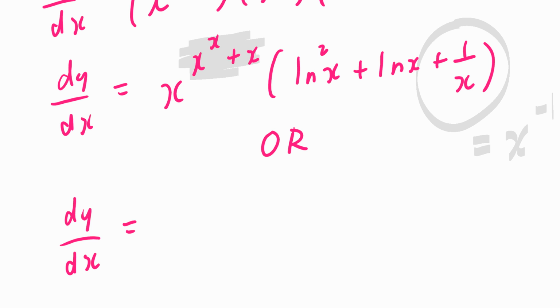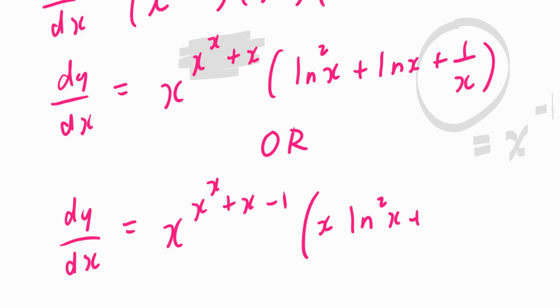So you can take out this x to the power of negative 1, which means dy by dx equals x to the power of x to the power of x plus x minus 1 times, because you took out x to the power of negative 1, you're attaching this x back into the brackets, just like that. Depending on your teacher, you're going to figure out which final answer is more acceptable. I hope this makes sense.